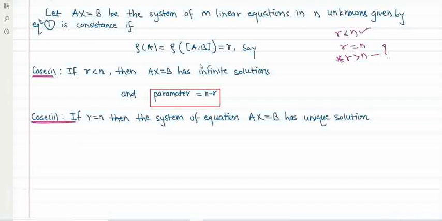Okay, remember the cases. First case we have discussed, if rank is less than the number of unknowns, in that case we are getting infinite solutions. If rank is equal to n, you are getting a unique solution.